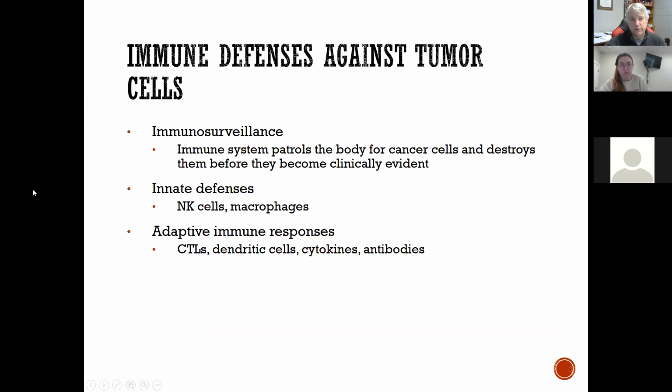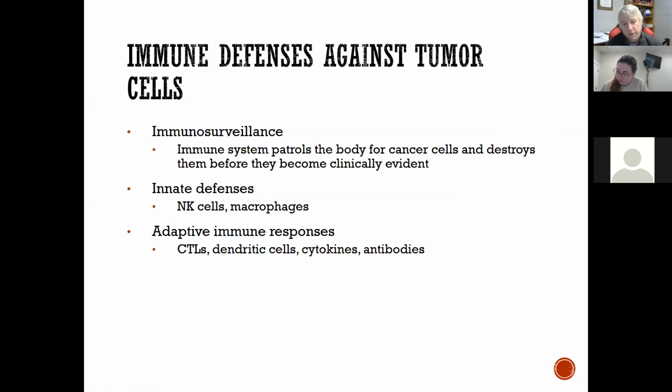All right. So first slide, immune defenses against tumor cells. A concept known as immunosurveillance. The immune system patrols the body for cancer cells and destroys them before they become clinically evident.